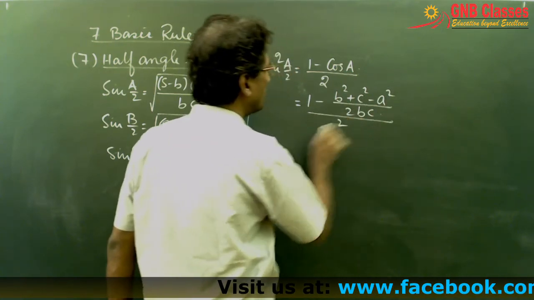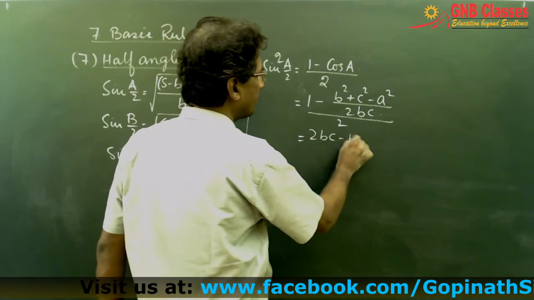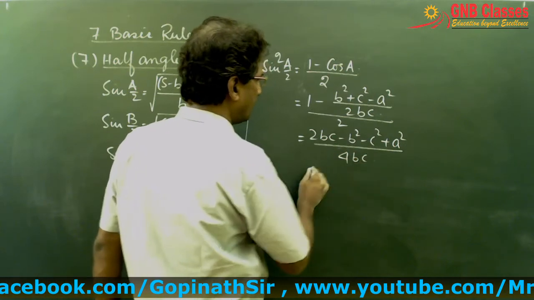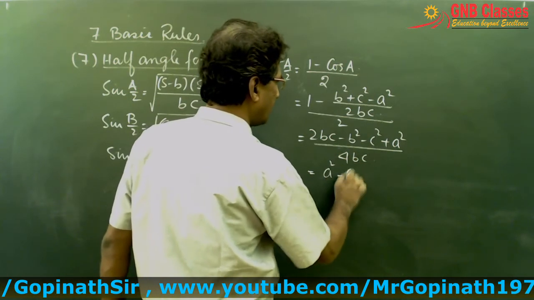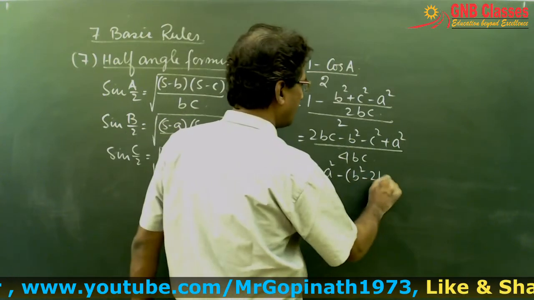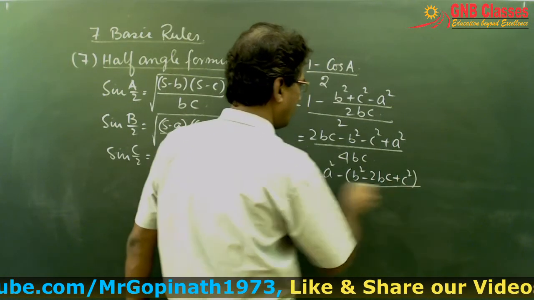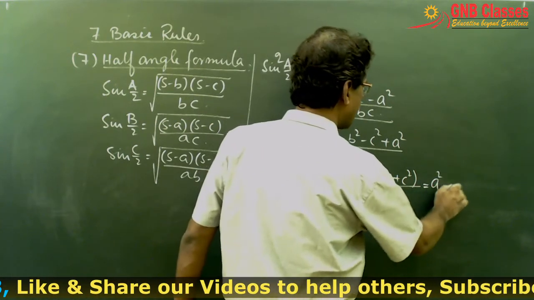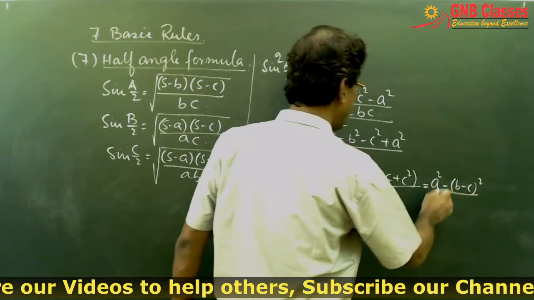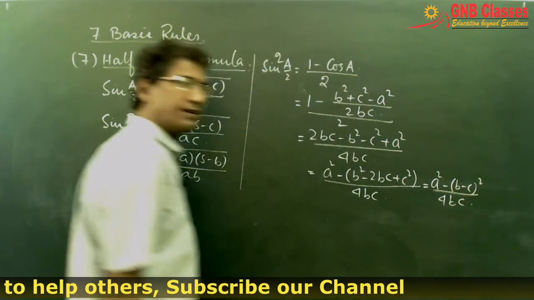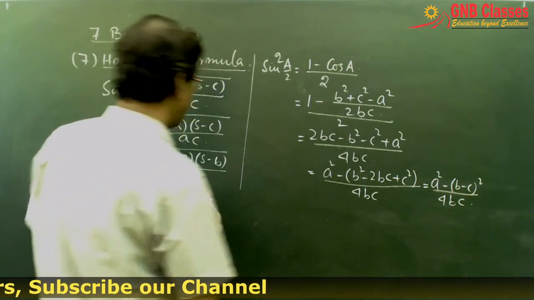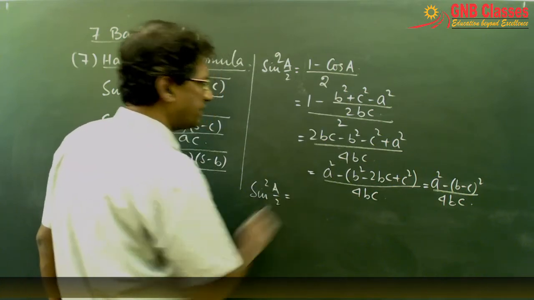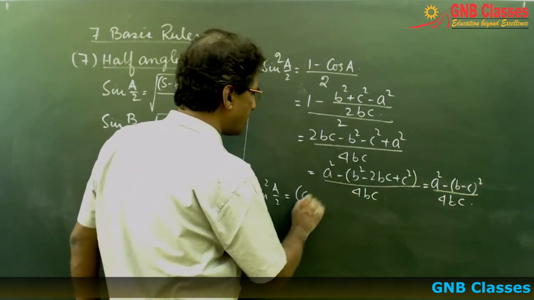So what we are getting is a square minus b minus c whole square divided by 4bc. Is it clear? So now we can write sine square A by 2 as a square minus b minus c whole square over 4bc.